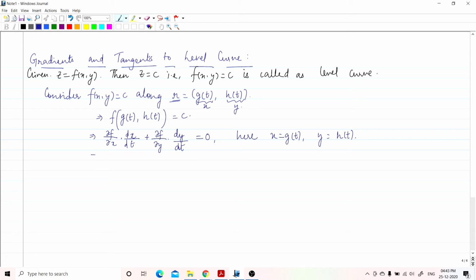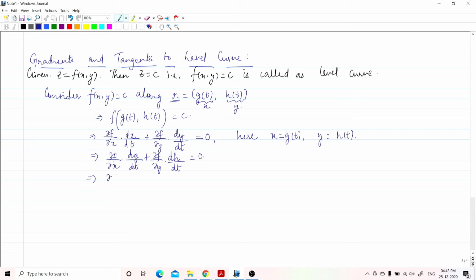So from this, what you can do furthermore is that del f upon del x, because f involves x and y, so we keep x as it is, and let us rewrite this as d g upon d t plus del f upon del y multiplied with d h upon d t equal to 0.